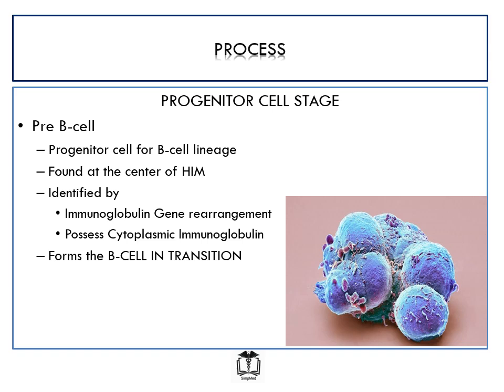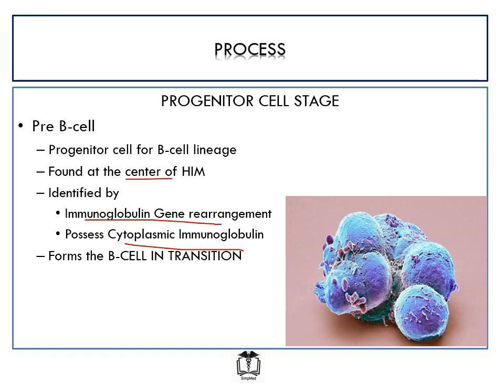In terms of their location in the hematopoietic inductive microenvironment, they are found at the center, and we majorly use two features in identifying pre-B cells within the bone marrow. The first is what we call immunoglobulin gene rearrangement. We'll talk about this in a separate slide. And then the second is the presence of cytoplasmic immunoglobulins.